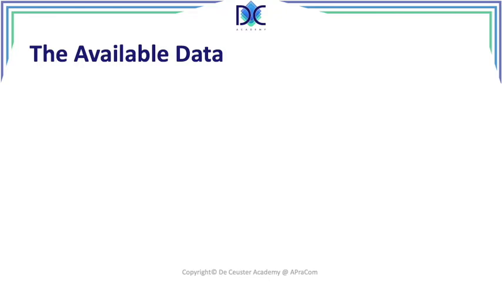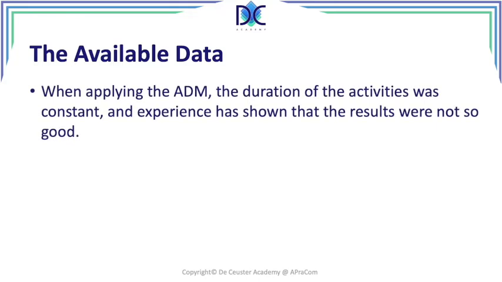So let's have a look at the available data that we have. I mentioned this in the previous video also, but if you're only looking at this video, it's also good to repeat it here. Anyway, when we were using the arrow diagramming method, the ADM method, we used a fixed duration of the activities.